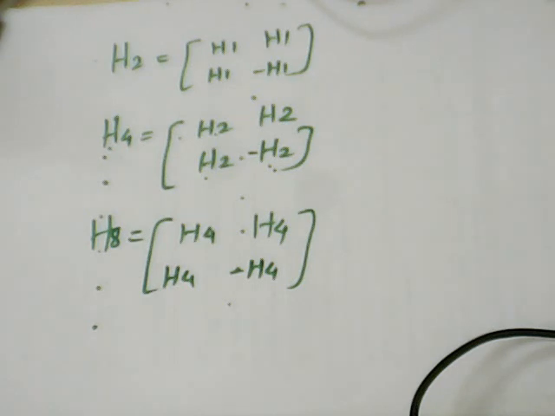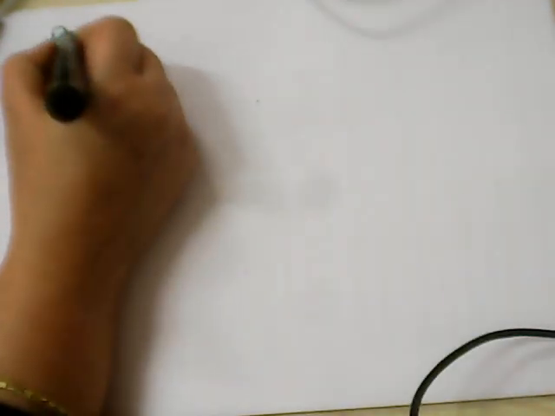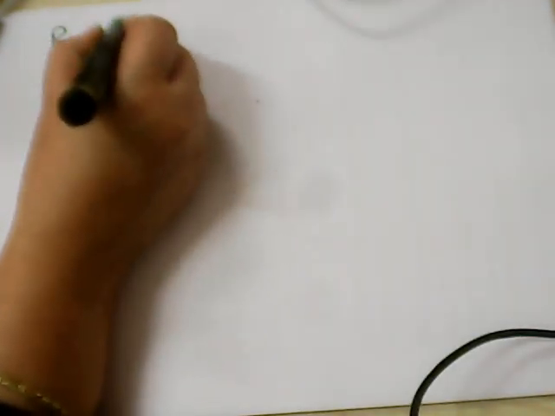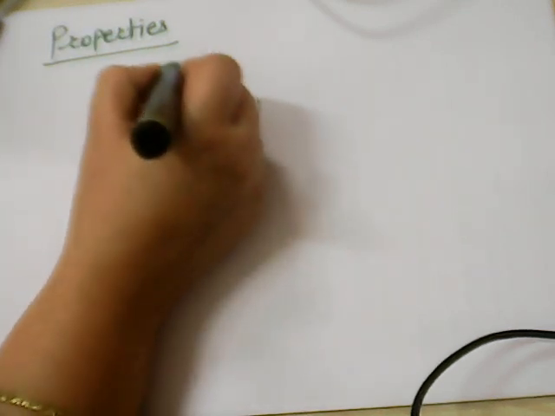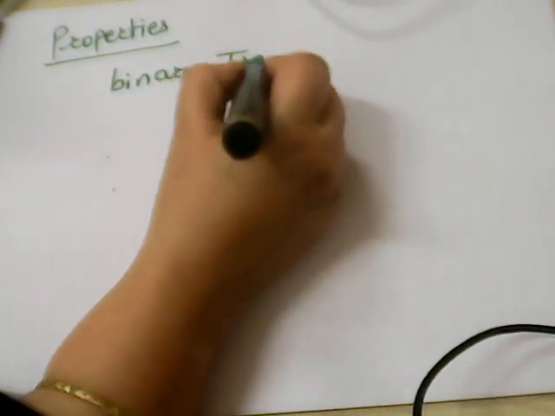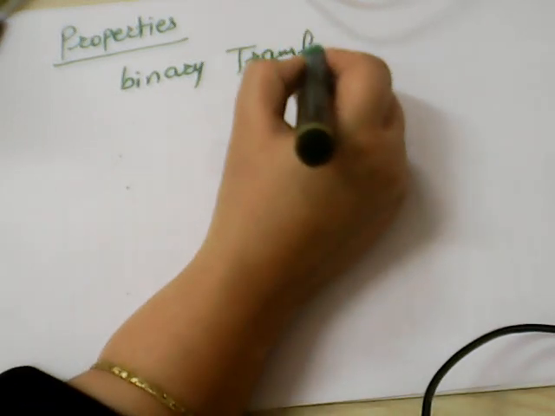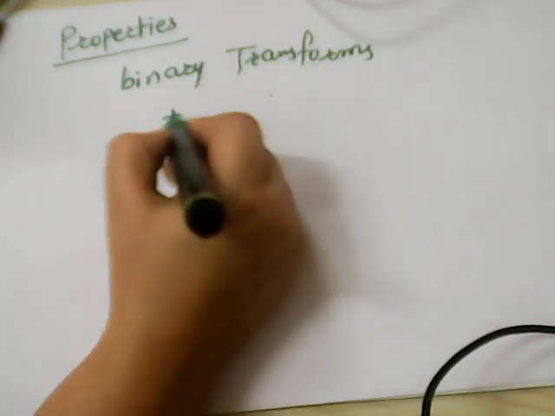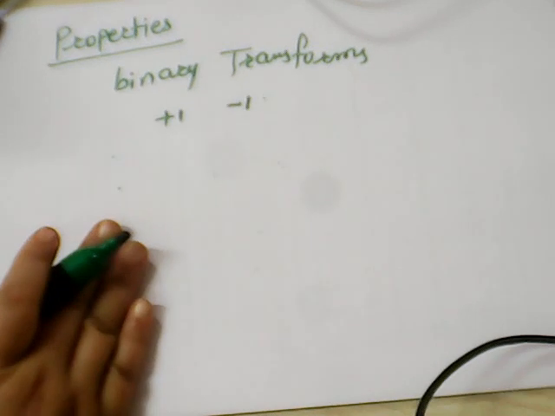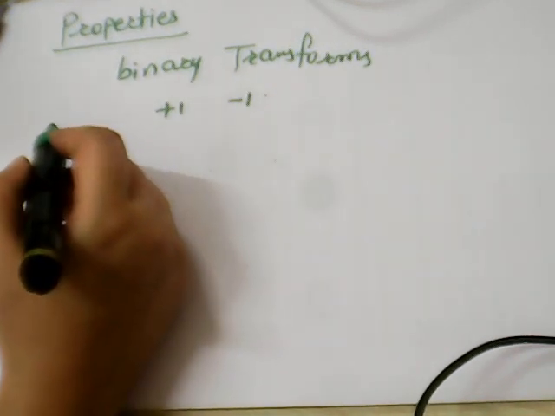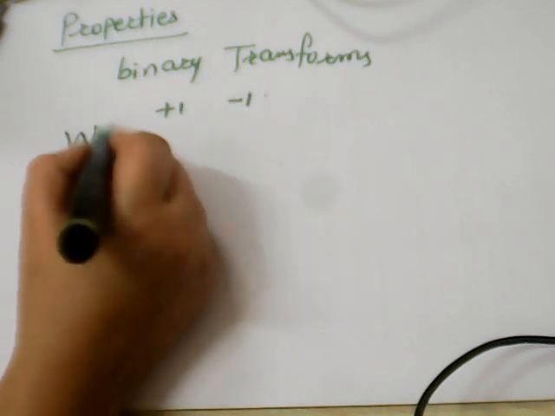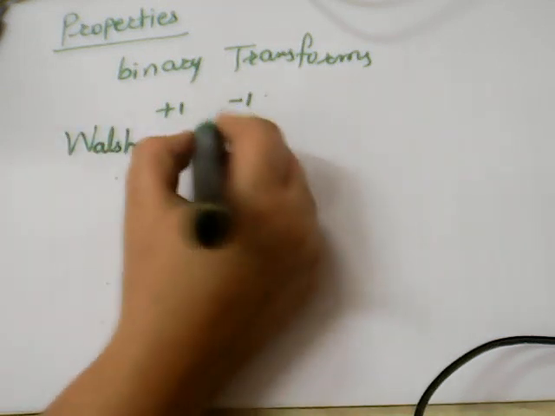So if you want to analyze the various properties of Walsh and Hadamard, we can say Walsh and Hadamard both are binary transforms. Their basis function values are only 2, either plus 1 or minus 1. The Walsh transform is suitable for faster implementation.